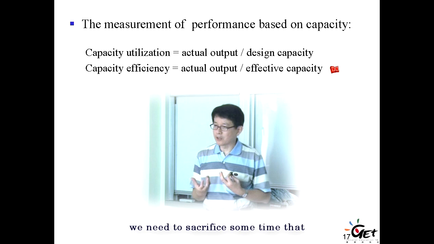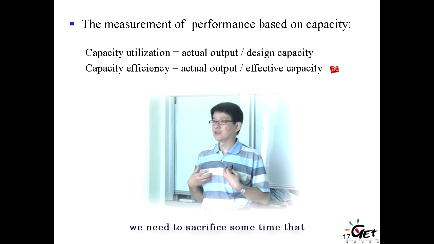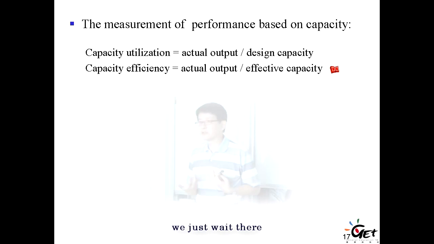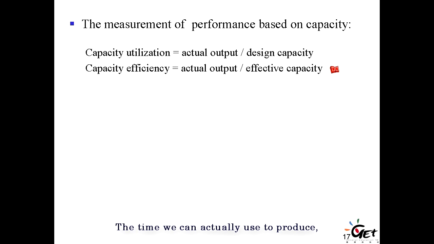We need to sacrifice some time that we just wait there. The time we can actually use to produce, to generate output, will give us this so-called effective capacity. This is much more practical.